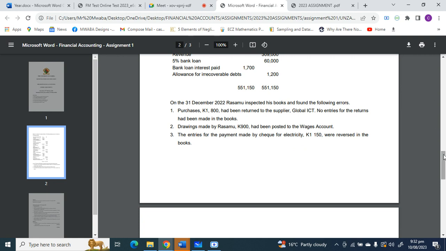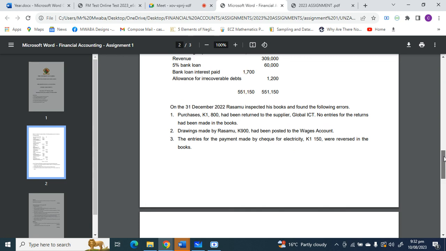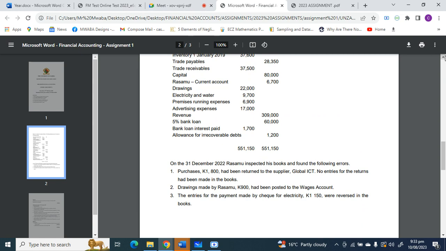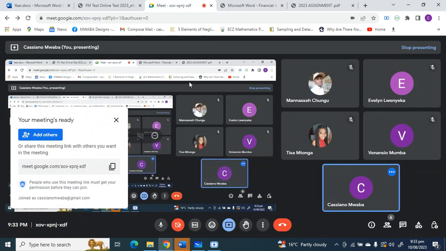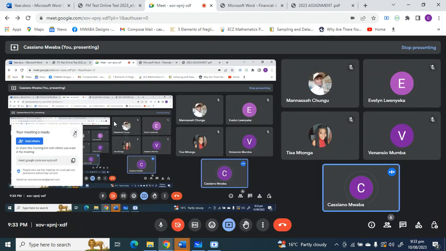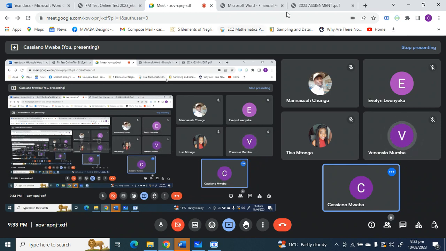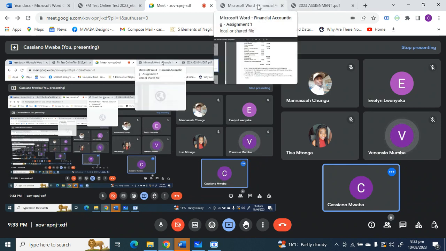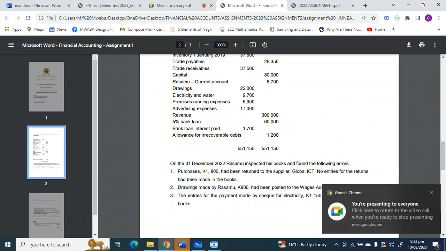You raise your hand. Okay. Is everybody able to see my screen? Maybe just wait for some time, it will show. Just maybe give it a few seconds.